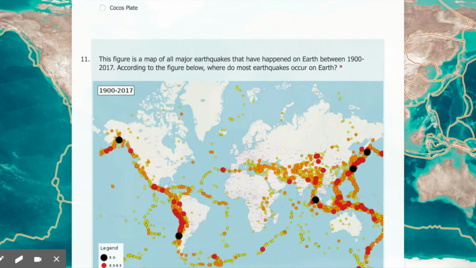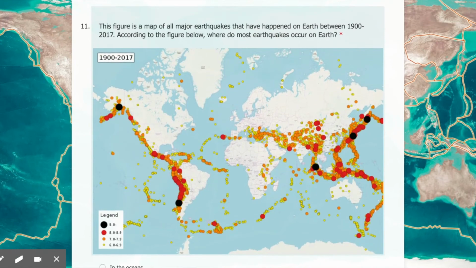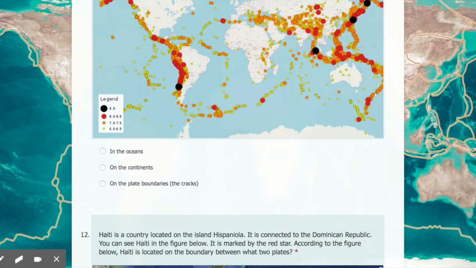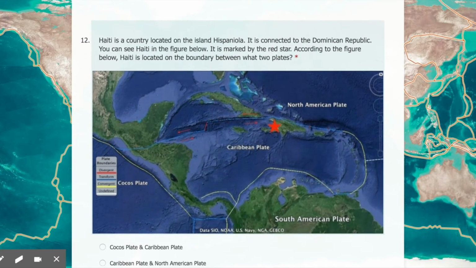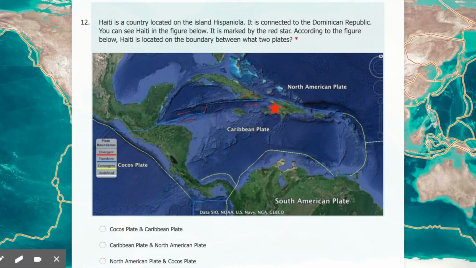Question 11 is another model for the Earth. Here we have a map of all major earthquakes that have happened on Earth between 1900 to 2017. Please answer the question below. And finally, our last question. We're going to have a third map. Here we're looking at the country Haiti. Haiti is a country located on the island Hispaniola.